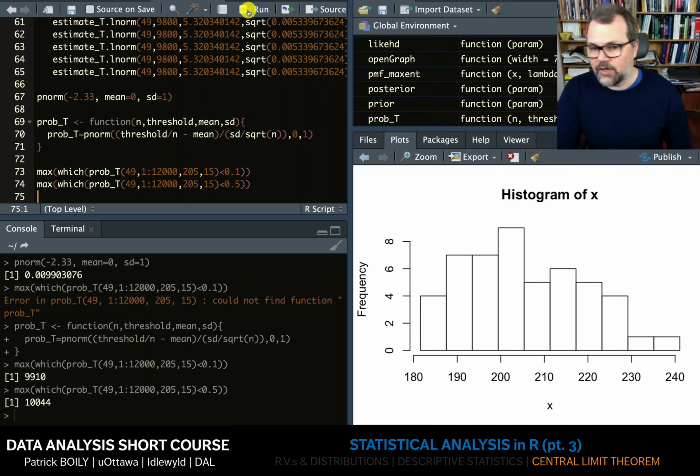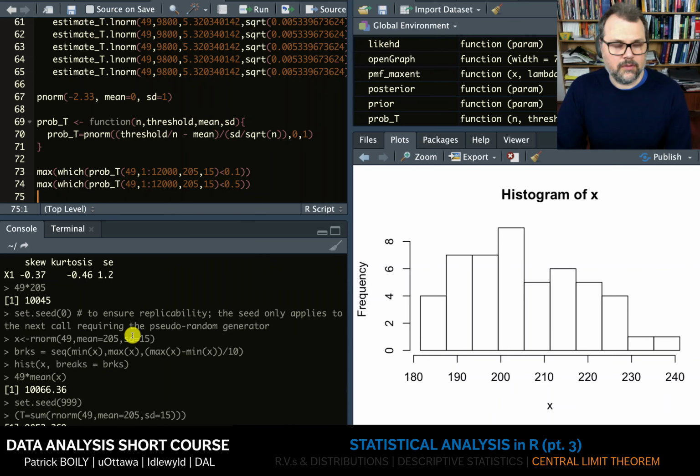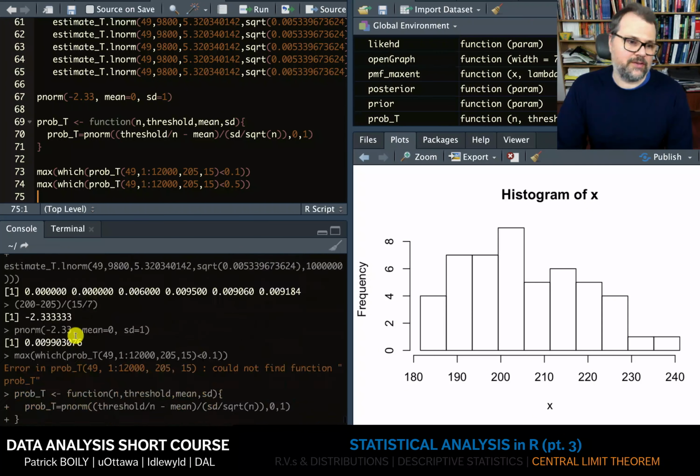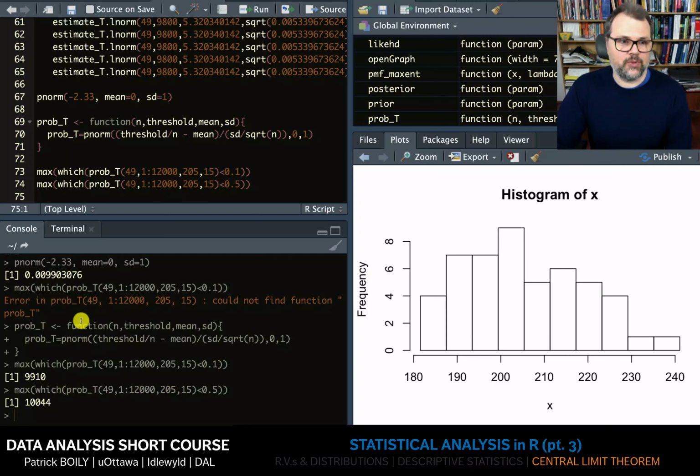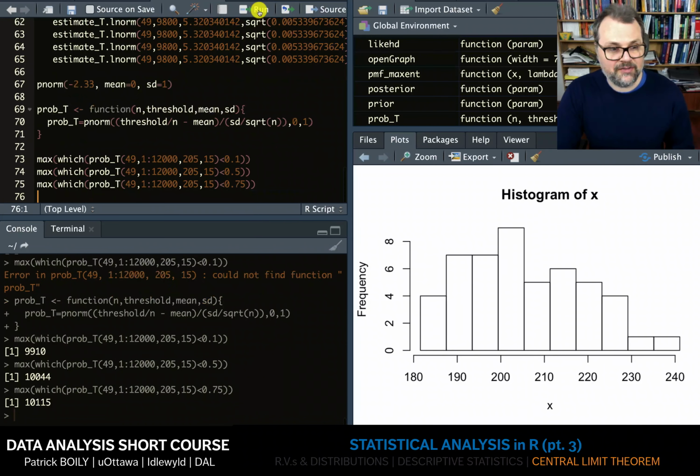So if the threshold was at 10,044, then you'd be able to load it 50% of the time. Do you recognize that number? That's roughly the product of 49 times the mean value for the weight of the boxes. That's not surprising. This is what you would expect to see. And if you wanted to know for 75% the loading being successful, you replace 5 by 75. You'd need your threshold to be 10,115 pounds.